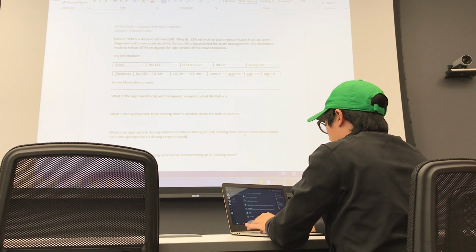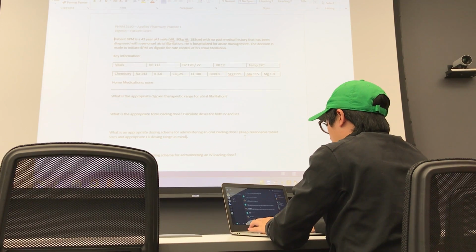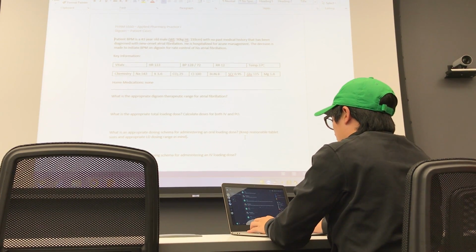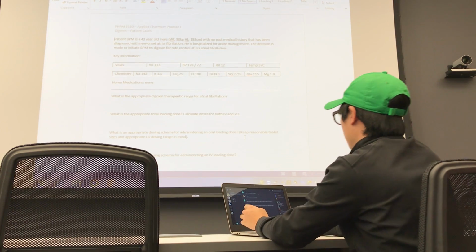What's an appropriate dosing scheme for administering the IV loading dose? What did you think made sense?